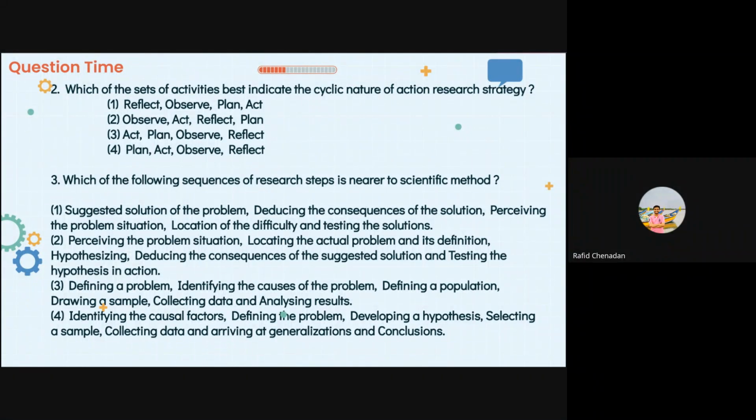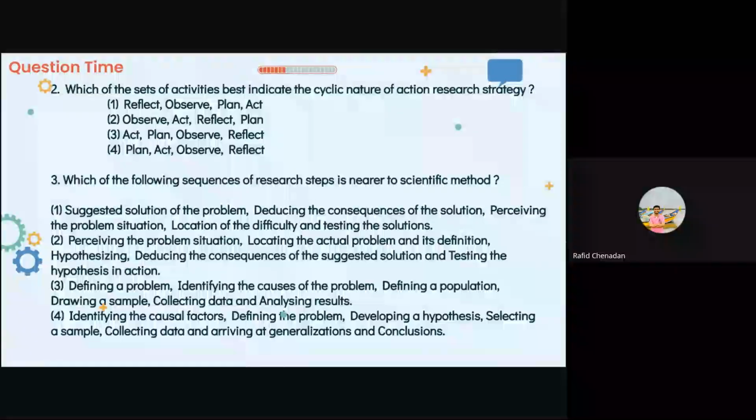And I think people gave 2. So let's see what is wrong with 2. Because 2 starts with observe. The problem is in action research, you do not start with observation. Instead, you start with a plan. And then you decide to act.